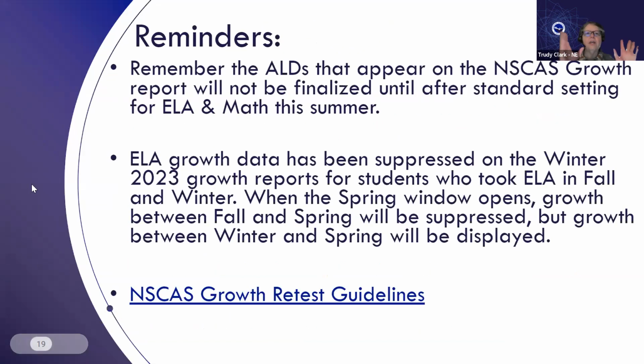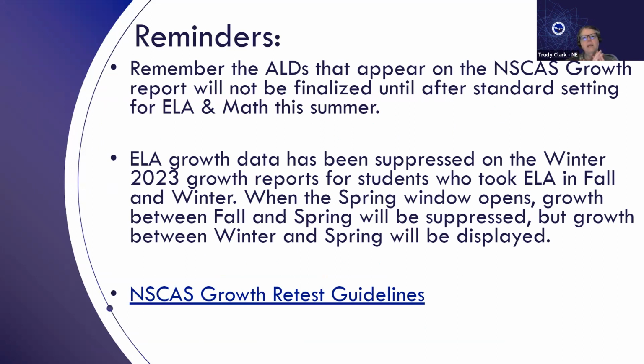All right, reminders. I mentioned this in an earlier DAC update. Remember that the achievement level descriptors that appear on the NSCAS growth report in the spring will not be finalized for ELA and math until after the standard setting. So you will see them.